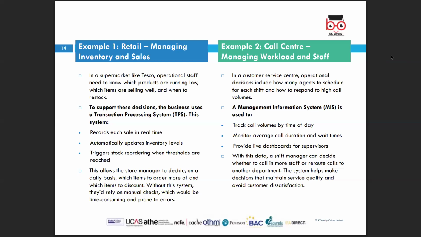So to support this decision, the business is going to use transaction processing systems. These systems are going to help them record each sale in real time, automatically update inventory levels, trigger stock reordering, and also allow the store manager to decide on a daily basis.